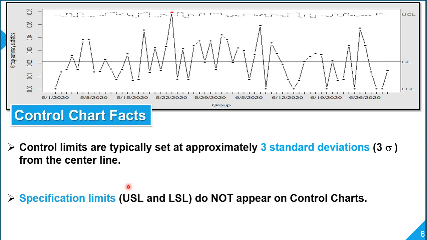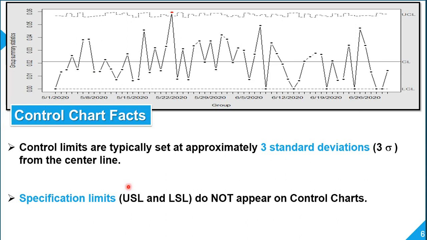It's ideal that specification limits are beyond control limits, because if your performance is set within control limits, in the case where specification limits are larger than control limits, the performance of the overall process is going to be quite stable over a period of time.